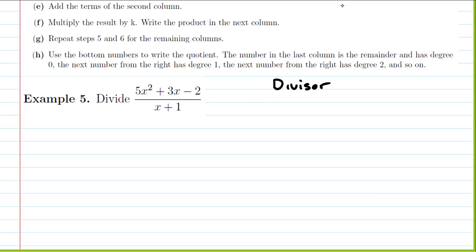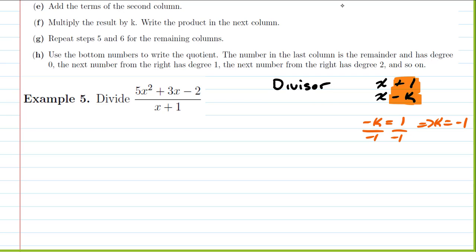Our divisor is x plus 1, and we want to compare that to x minus k. So this tells us that negative k is equal to positive 1. So then to solve for k, we get k is negative 1.